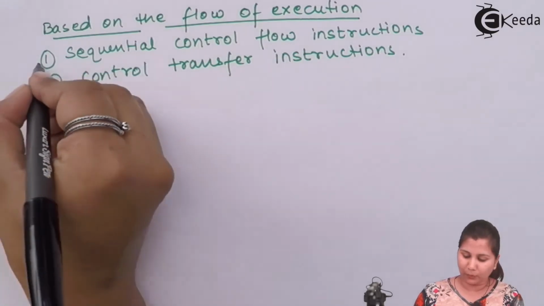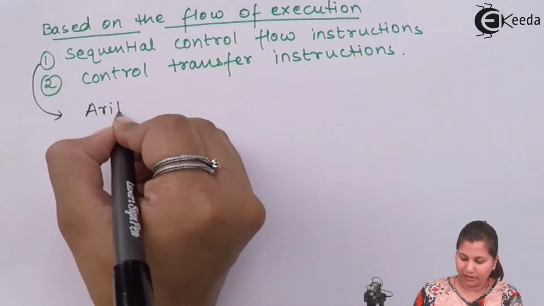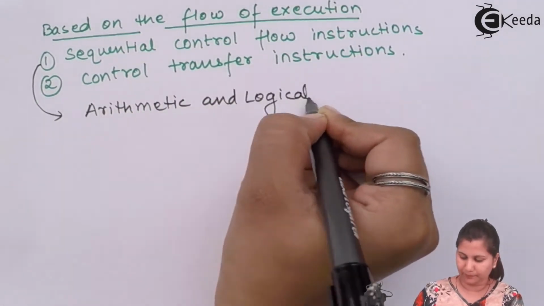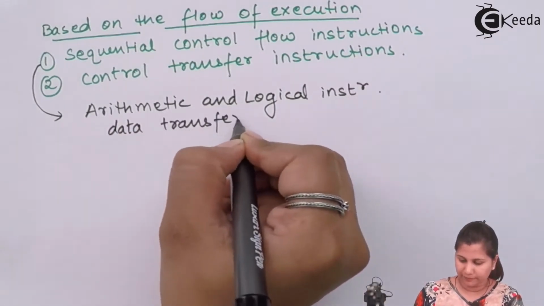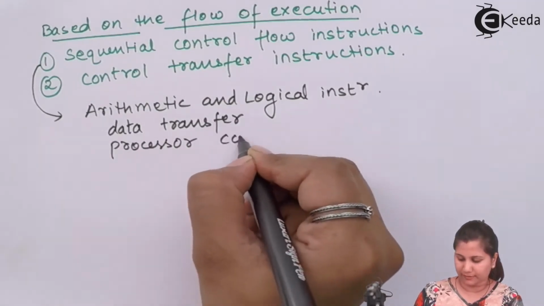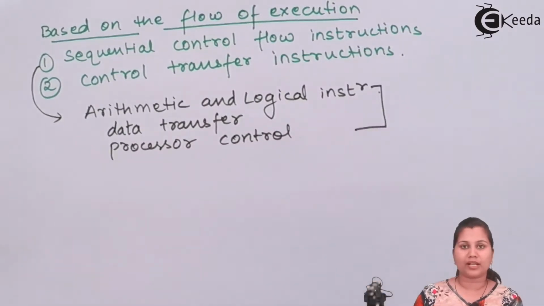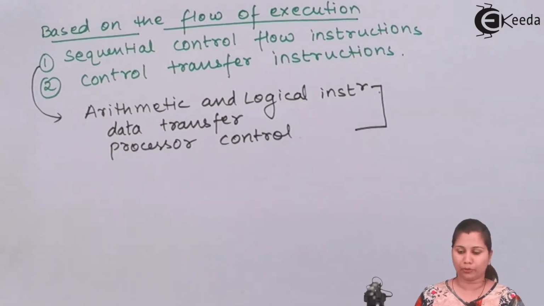Examples of sequential control instructions are the arithmetic and logical instructions, and processor control instructions. These instructions do not transfer the control to some other location. They are executed one after the other, in the sequence in which they are written in the program.